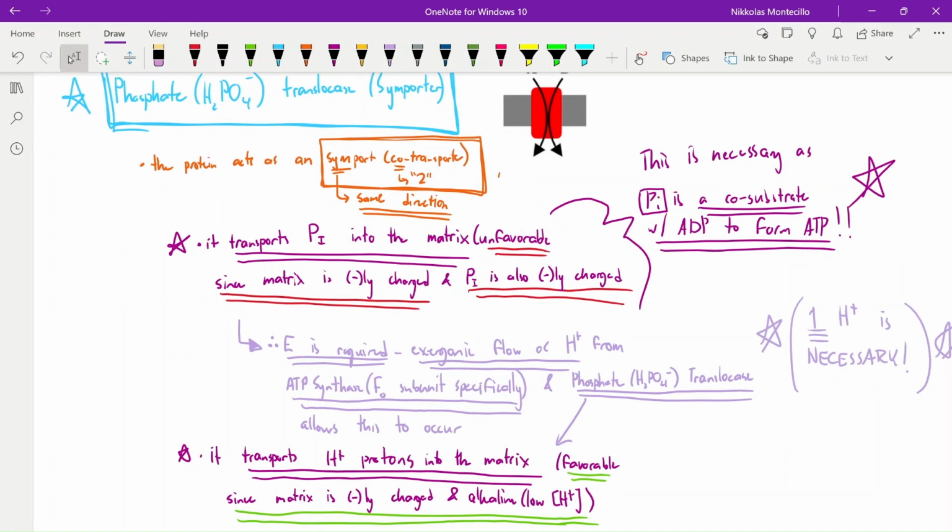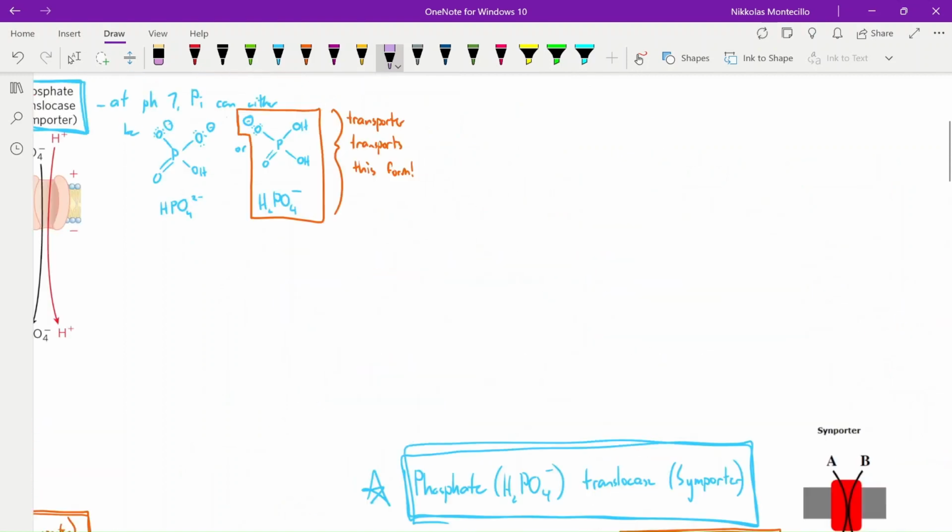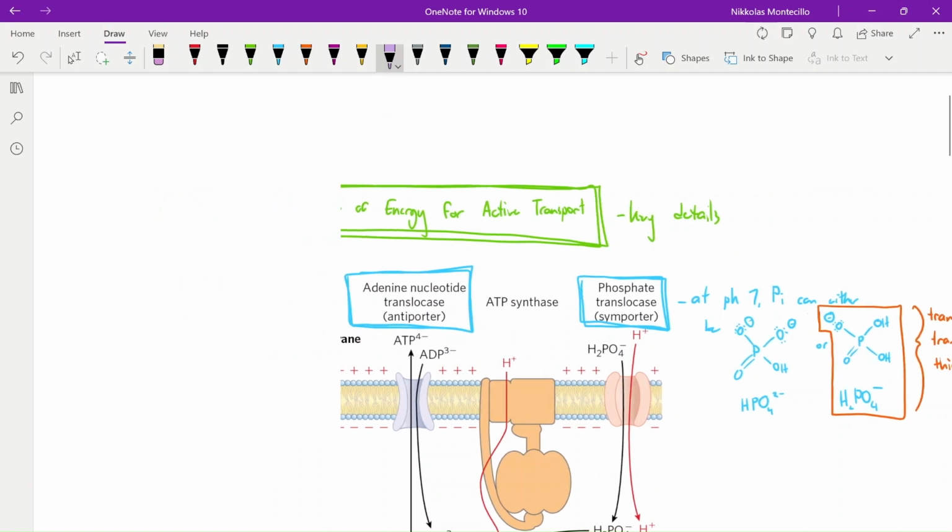So remember here when I said that there were four protons required to synthesize ATP, 3 of those protons flowed from the ATP synthase, the FO subunit specifically, right? The other proton is from the phosphate translocase, right? Because that phosphate group will be used to synthesize ATP, so it's a bit of a cyclical nature that we're seeing here, right?